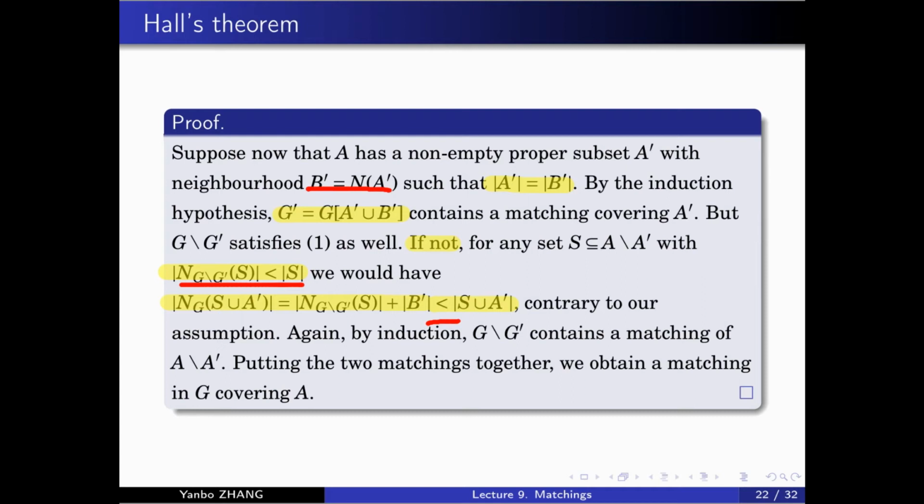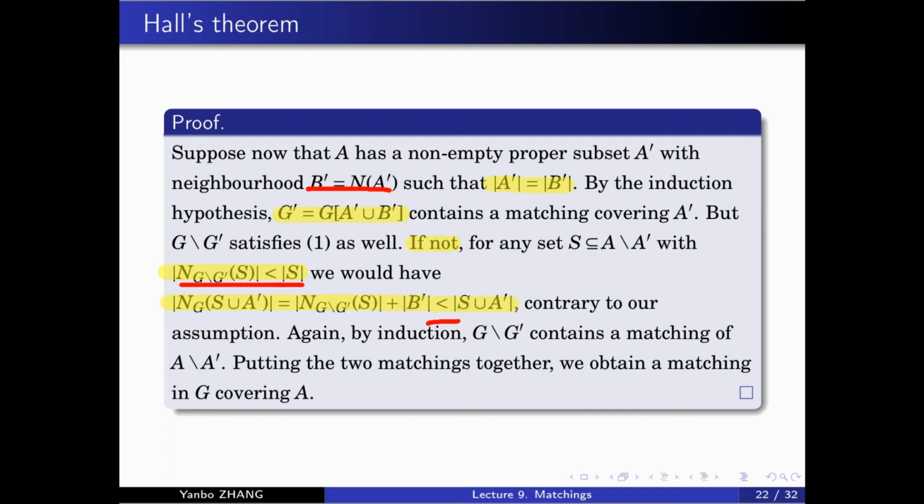In this case, we divide the graph G into two smaller graphs, G' and G minus G'. In the two smaller graphs, we can use the induction hypothesis to find two matchings, of A' and of A minus A'.